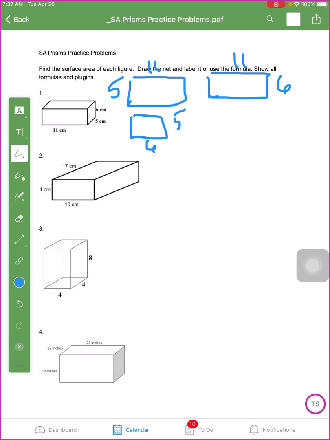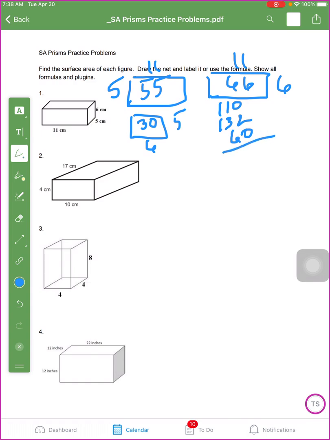All right, so 11 times 5 is 55. 11 times 6 is 66. And 6 times 5 is 30. And then we have 2 of each of them. So 55 times 2 is 110, 66 times 2 is 132, and 30 times 2 is 60.